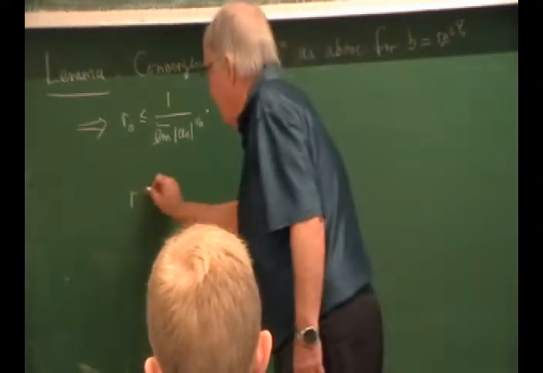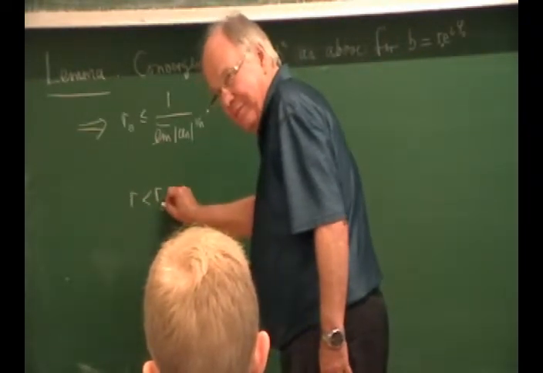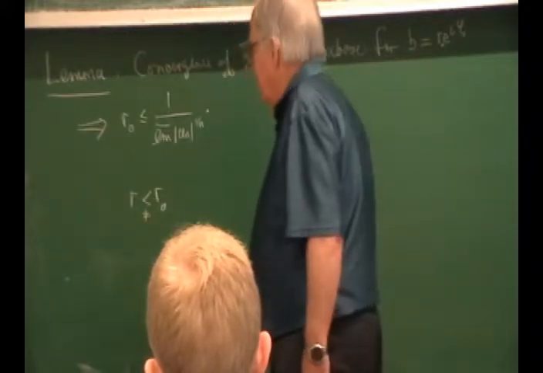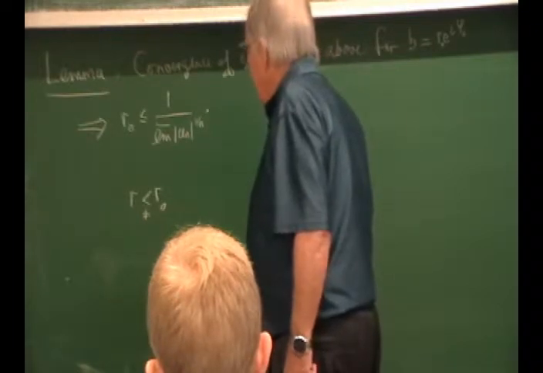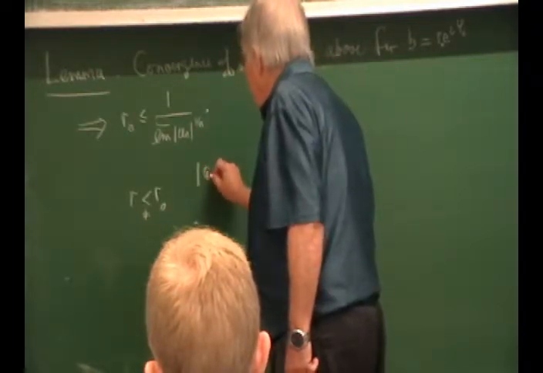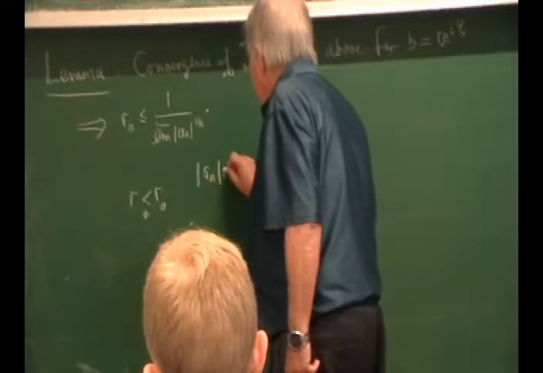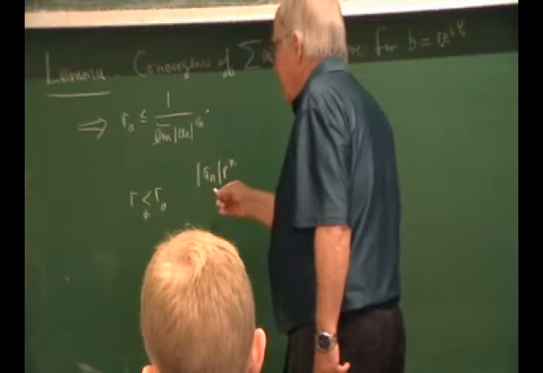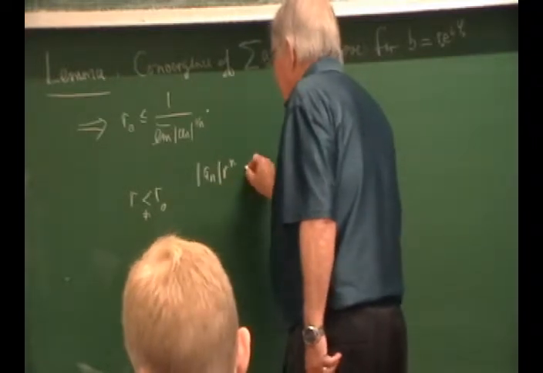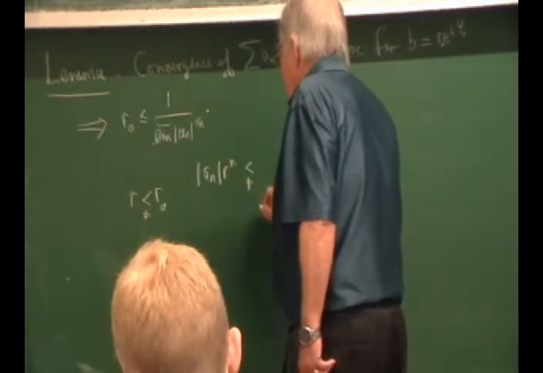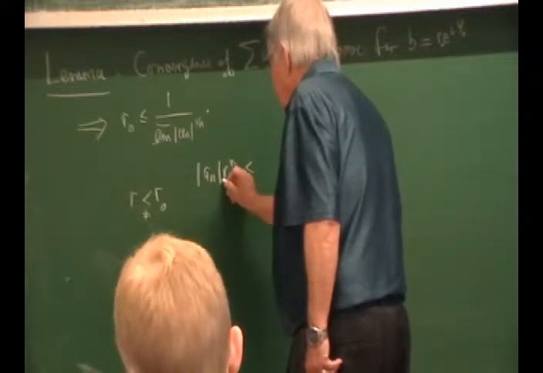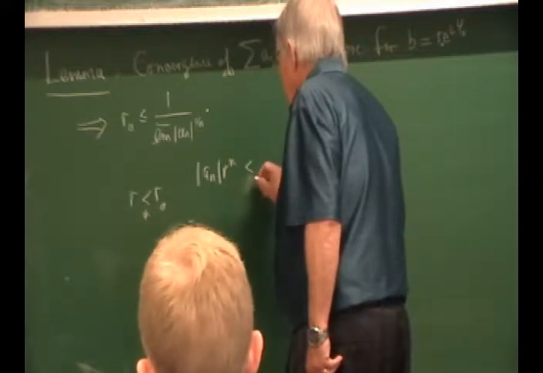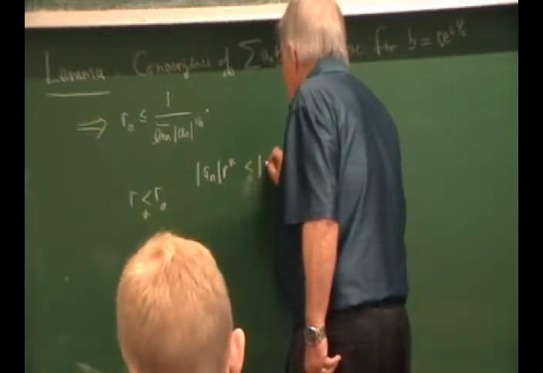And now take r strictly less than R0. Let me emphasize this. Take this less than R0. This says that this thing, a n r to the n, is strictly less than a n.